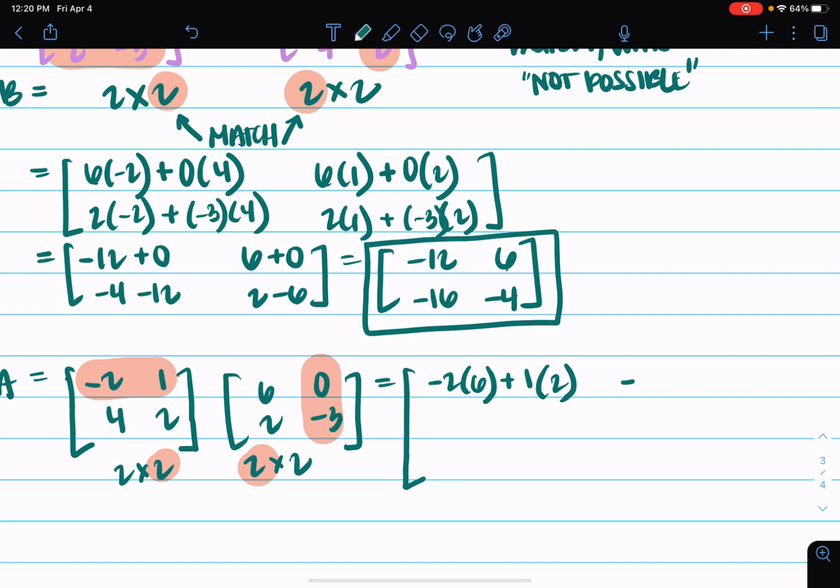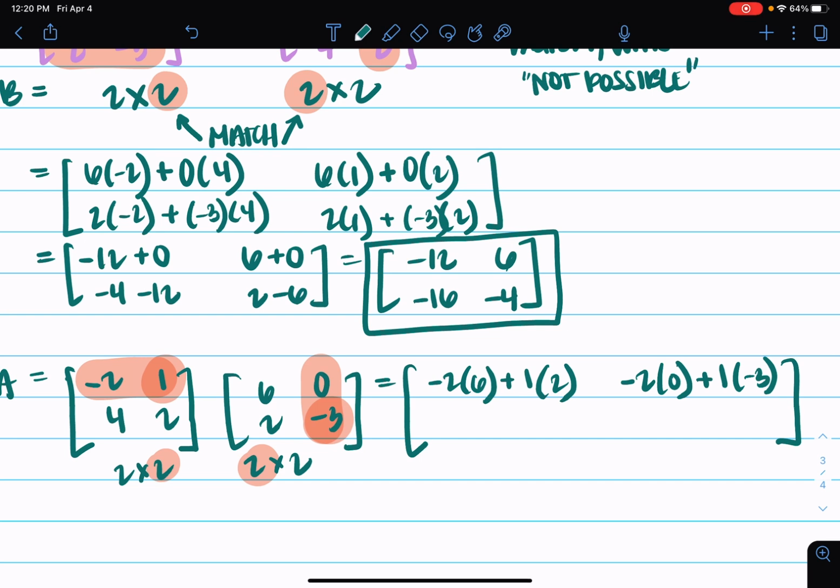So it's negative 2 times 0, because remember, we're doing this one and this one. And then we're going to do 1 times negative 3.